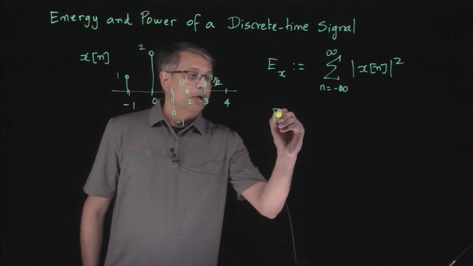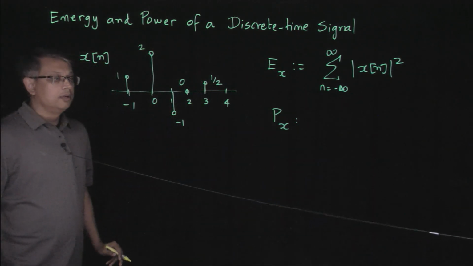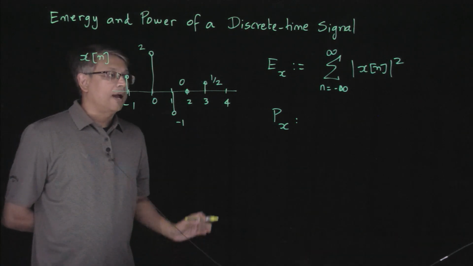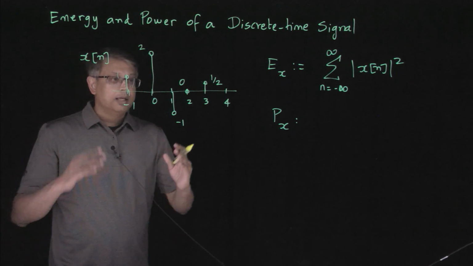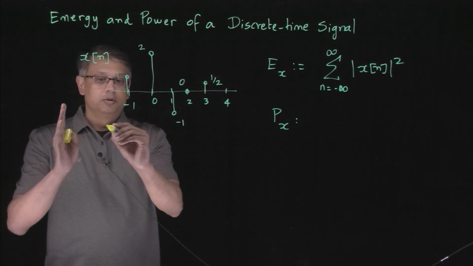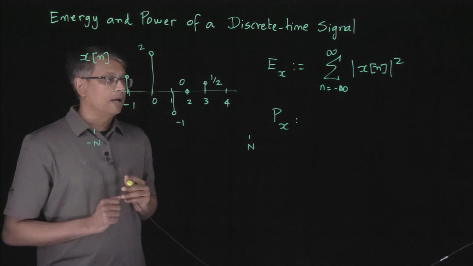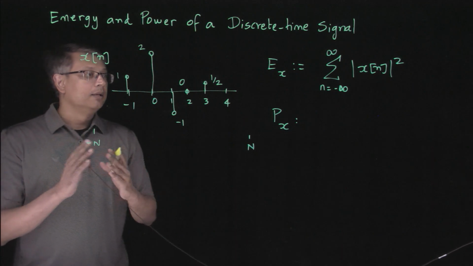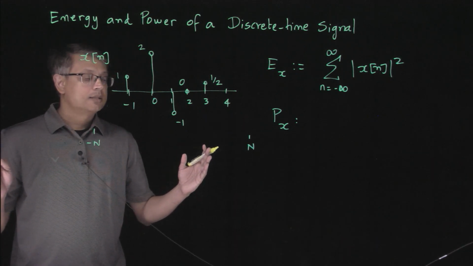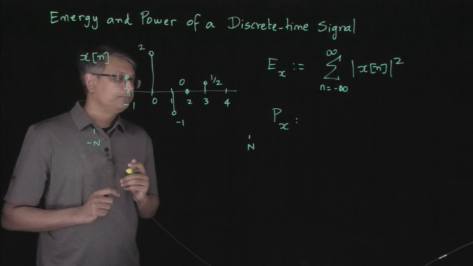And just like what we did for continuous time signals, we'll define the average power in x of n by taking a window from time negative N to positive N, taking the average energy within this window and taking the limit as capital N goes to infinity, or the length of the window goes to infinity.